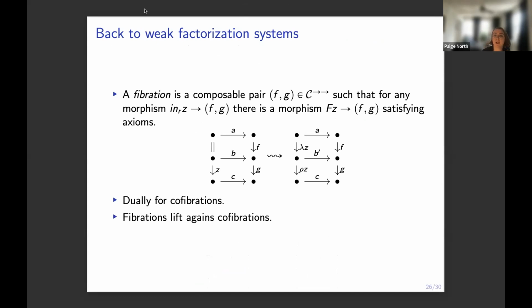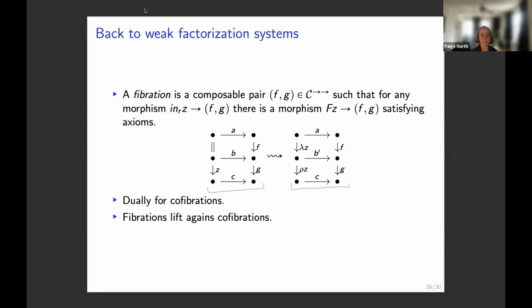If we just look at the notion of relative monad and the notion of algebras for relative monad that's already been defined by other people, and we apply it to the situation, we get the following, which is that a fibration is a composable pair, FG, such that for any morphism of the form in right Z to FG, which I have drawn here, there is a morphism from FC to FG, also satisfying some axioms like this.